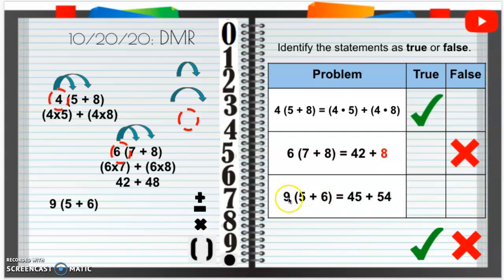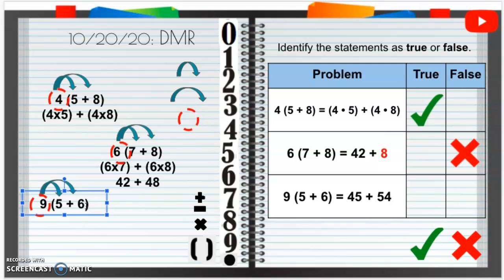All right, last one. 9 times the quantity of 5 plus 6. Does that equal 45 plus 54? Let's take a look. I'm going to make this bigger so we have plenty of room. We're going to circle that 9 in front of the parentheses. Then we are going to distribute that 9 to the 5. That means 9 times 5. We're going to keep that addition symbol in the middle, and then we'll have 9 times the second term in the parentheses, which is that 6.